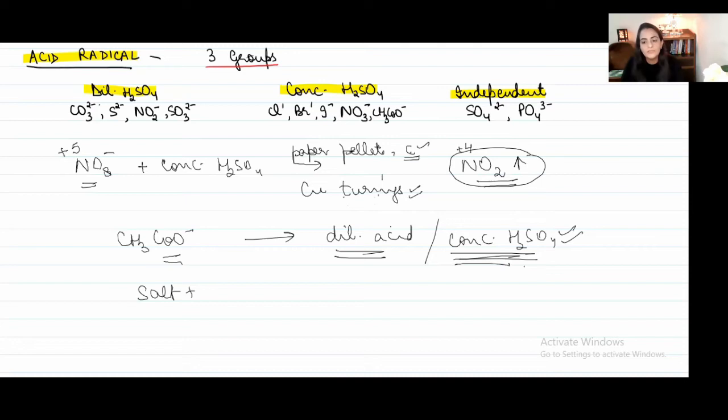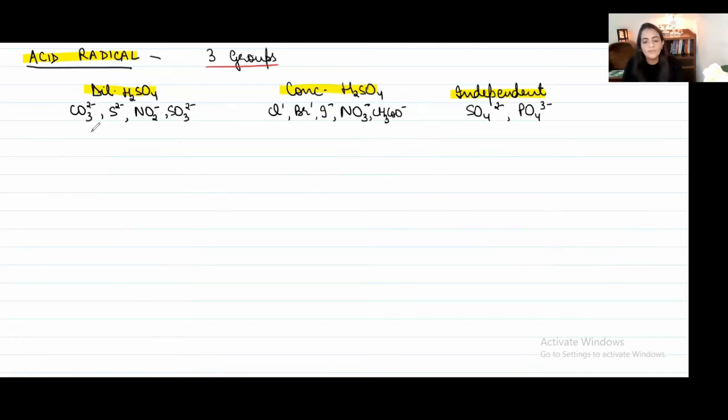That's how we do the analysis of acid radicals, right? Whichever ion you get by identification test, you're going to do two confirmatory tests for that particular acid radical, and that completes your salt analysis, right?